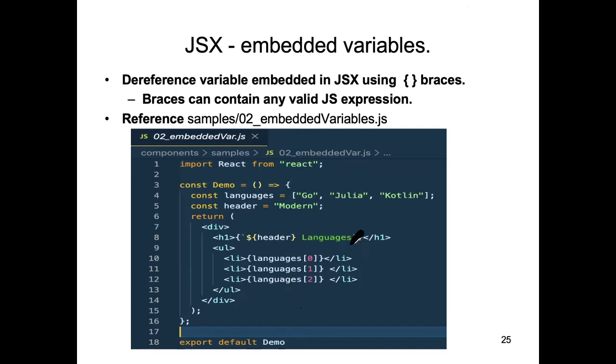And so we can see down here in my LI elements, for example, I'm referring to the languages array that I created at the top, and I'm indexing into it.